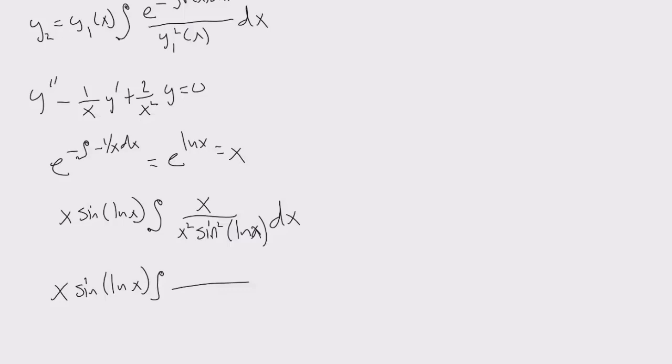Because sometimes some of these trig derivatives or integrals, we don't encounter that often. And so if you remember from your pre-cal days, your trig days, 1 over sine squared is actually equal to cosecant squared. So I'm going to convert that because cosecant squared is a common integral on our chart. I'll kind of remind us of that. But so we got cosecant squared of ln of x over x, and that's dx.